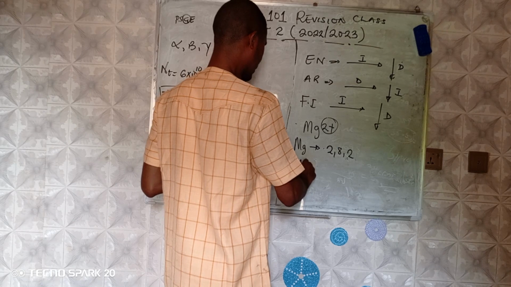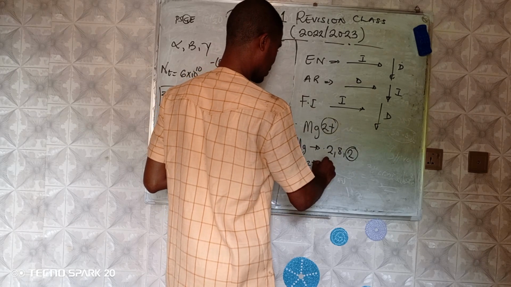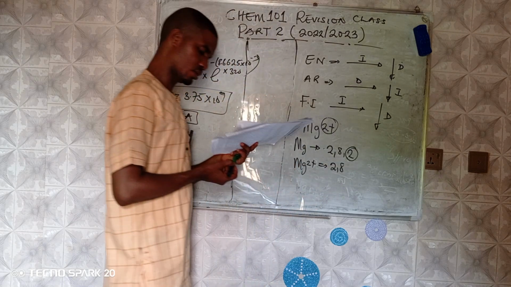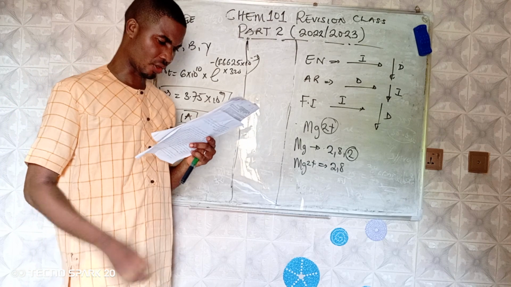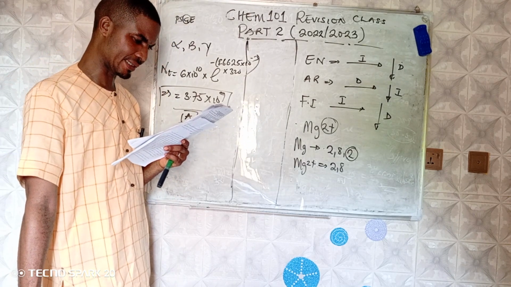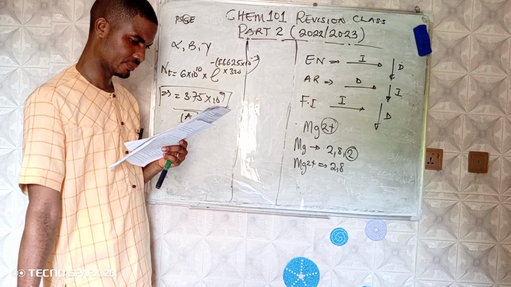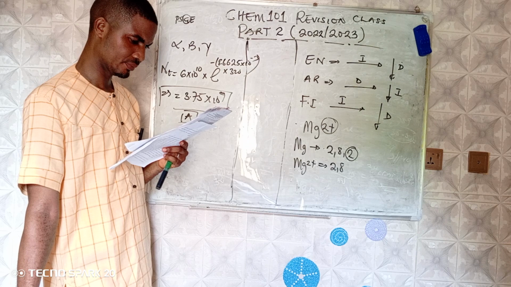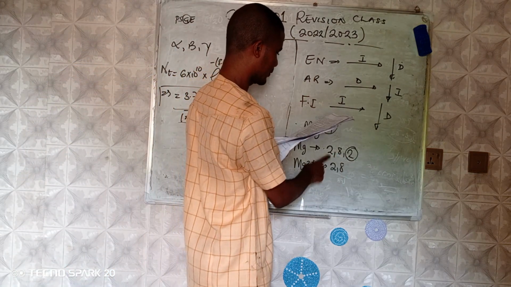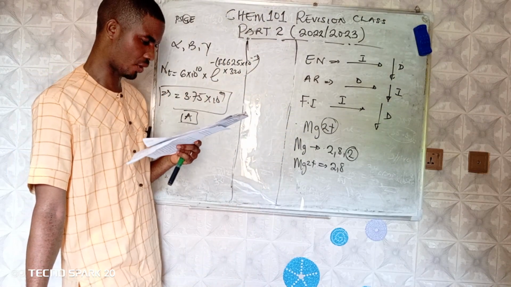Then magnesium 2 plus will lose this 2, so it will have only 2 and 8. So option A is the correct one. It will now become 10. If you count, option A is correct.